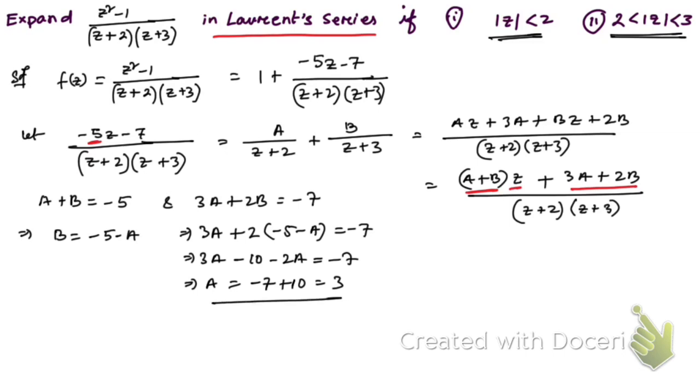Now let's put this value of a here, then b is equal to minus 5 minus 3, that's going to be minus 8. So we have got a is equal to 3 and b is equal to minus 8.